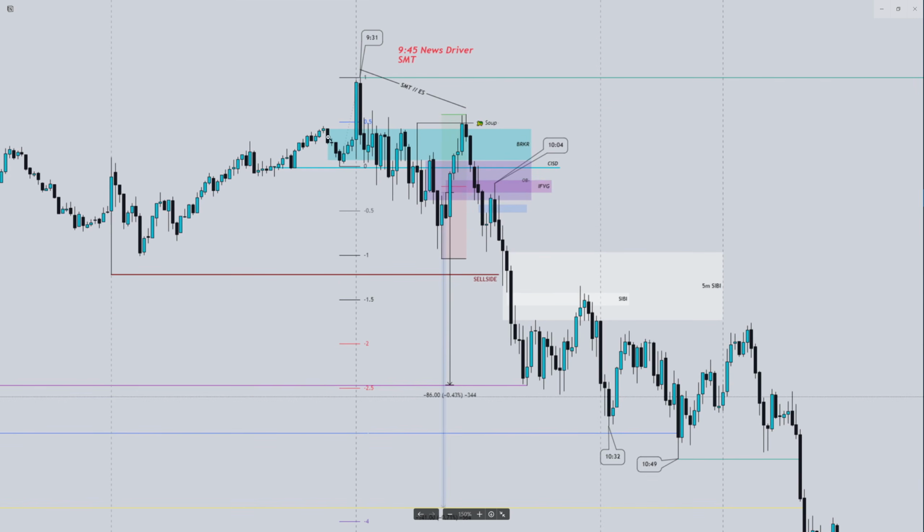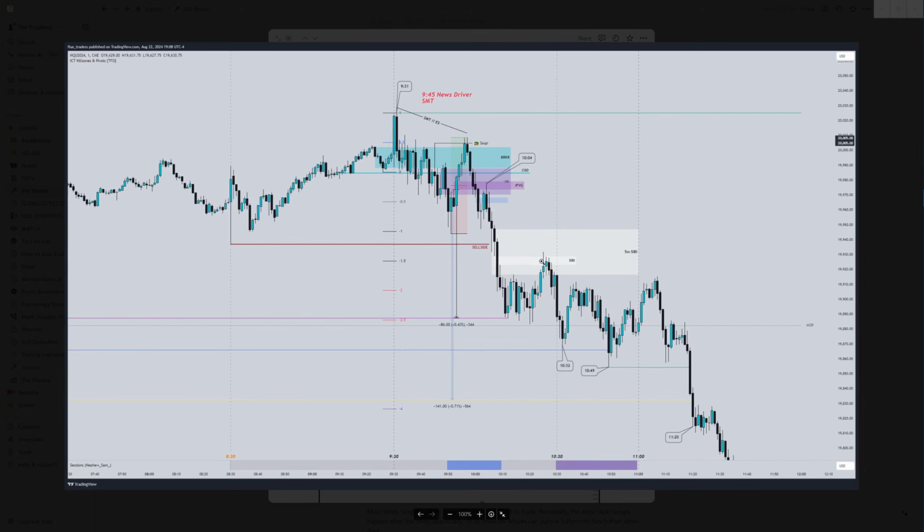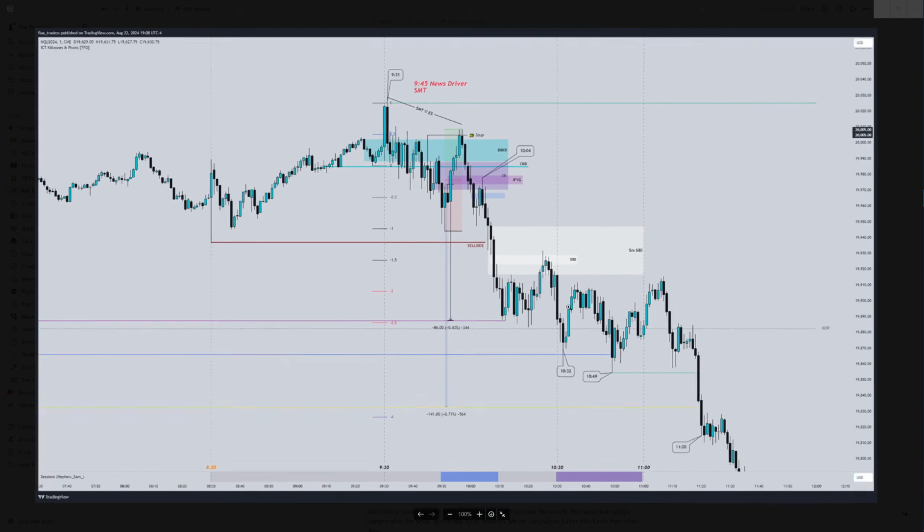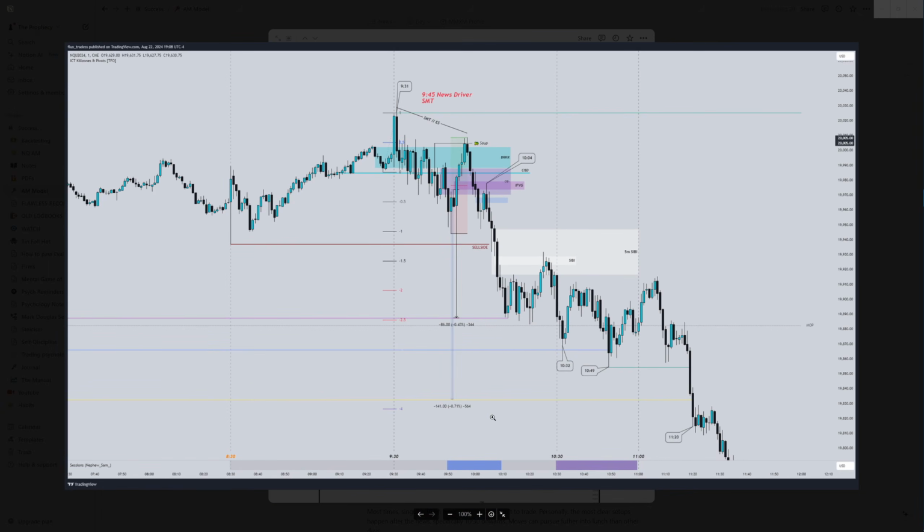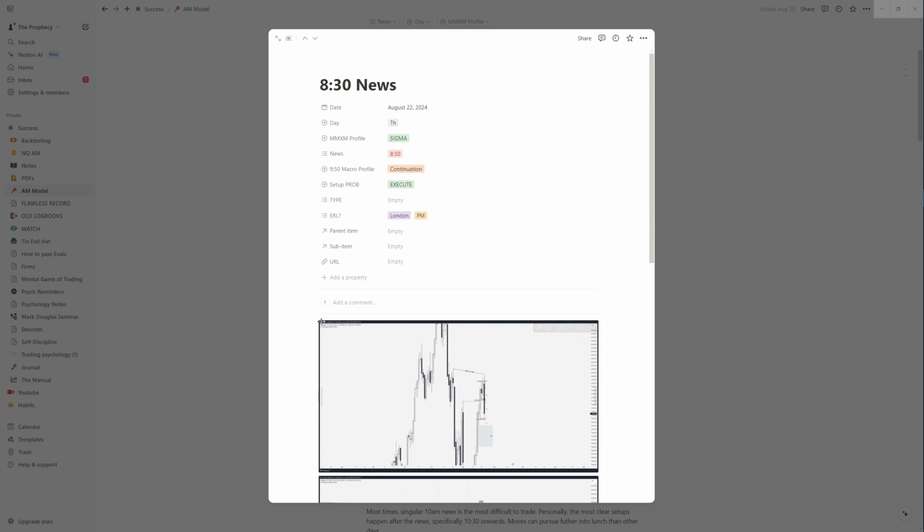That's obviously going to be important. So breakers, fair value gaps, inversion fair value gaps, SIBIs that maybe are used later on. Time is also really important, so I'm marking out 8:30, 9:30, 10:30, 11. And then any notes that I have as well.